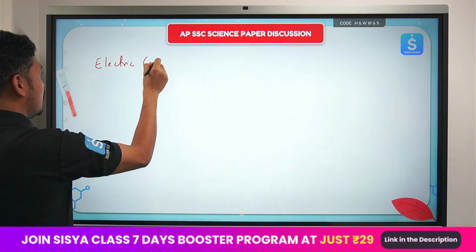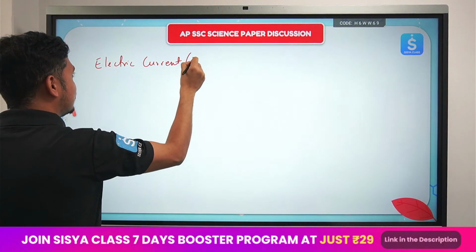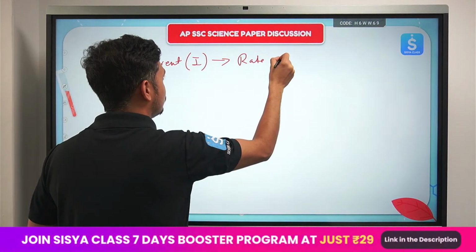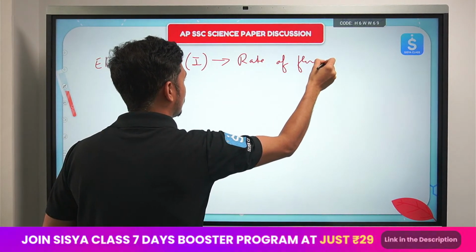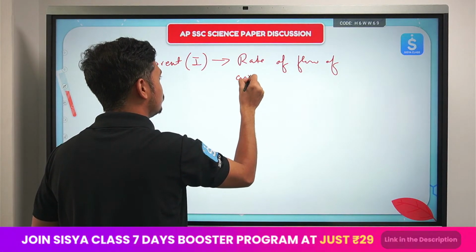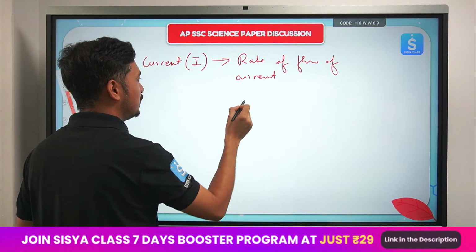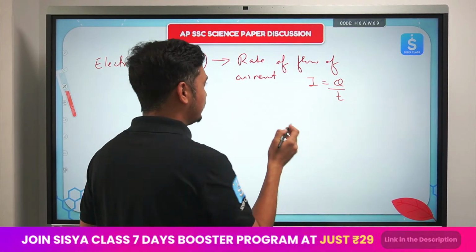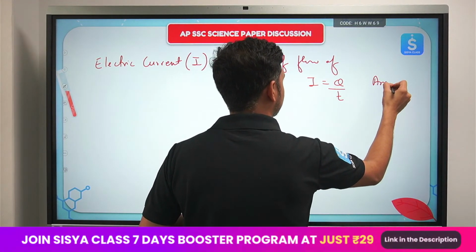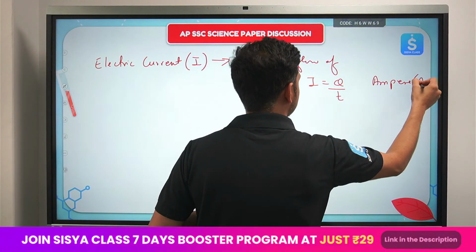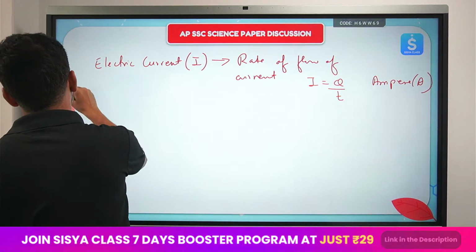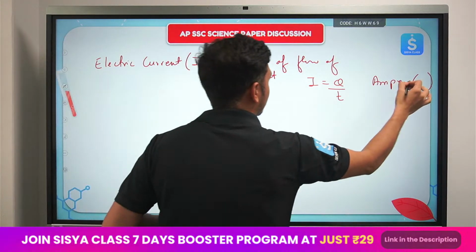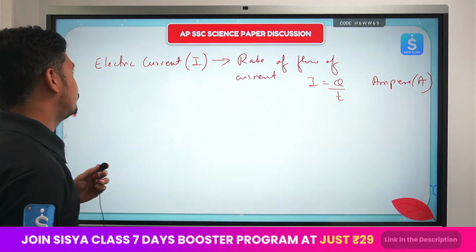Electric current, also symbolized as I, is considered as the rate of flow of charge, and the formula is I is equal to Q by T. The SI unit will be ampere, also abbreviated as A. Let me write this A properly. So this is the first definition.